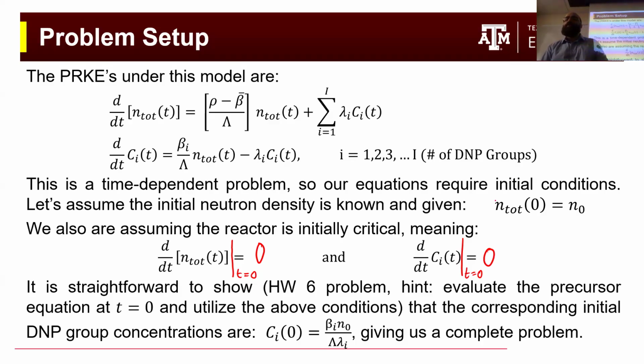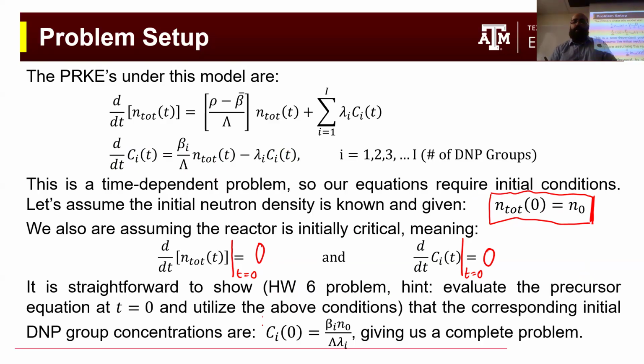If we know the initial density, if the initial density is just some known number, then we can show, and you're going to show this in homework 6, by setting this derivative equal to zero and plugging in time zero into both of these equations, so that this says n_total at zero, which we know is n naught, and that this says c_i at zero, which is the thing that we're trying to solve for.